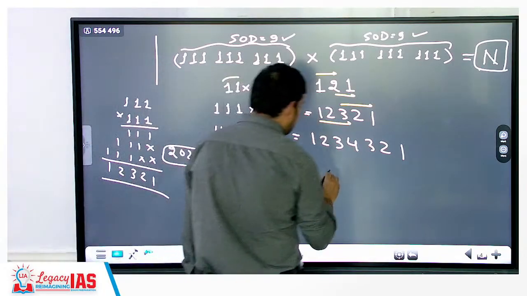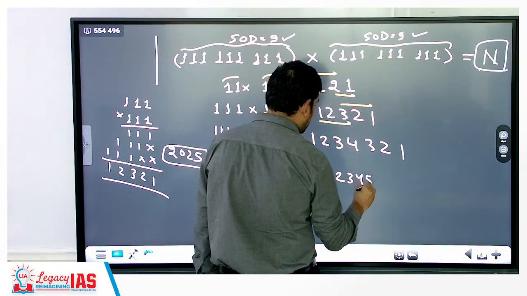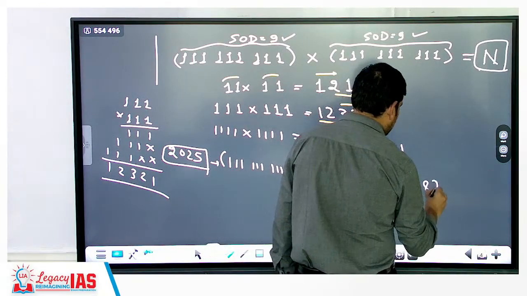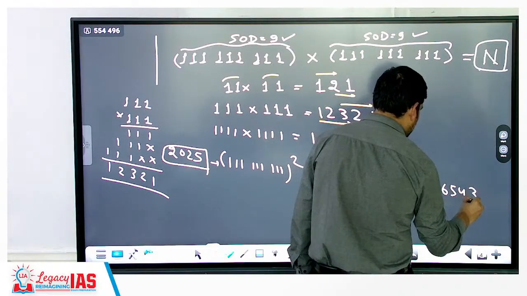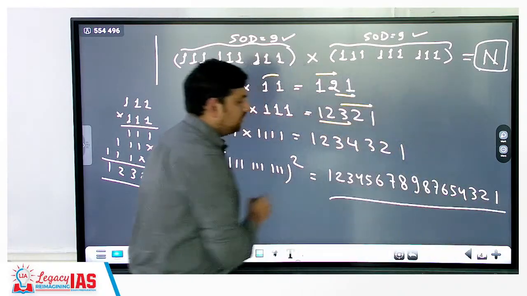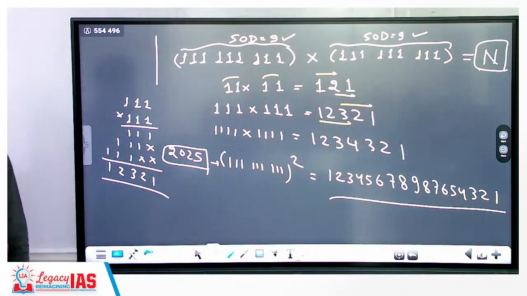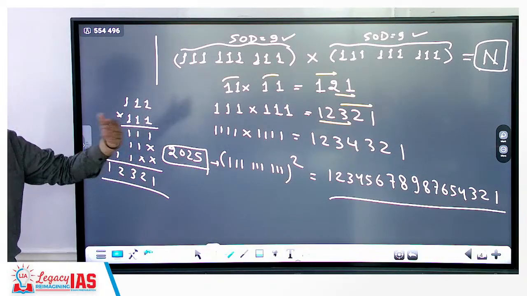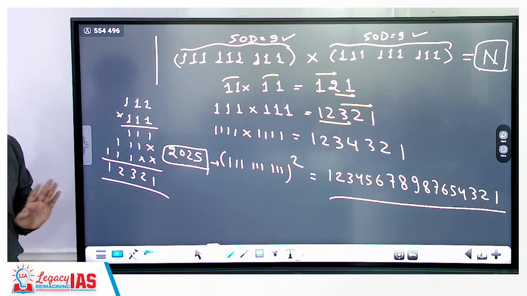So this will be 1 2 3 4 5 6 7 8 9, then 8 7 6 5 4 3 2 1. This will be your answer. Understood? You can count the numbers, you can get the numbers, whatever you want. This is just a pattern that is being followed.